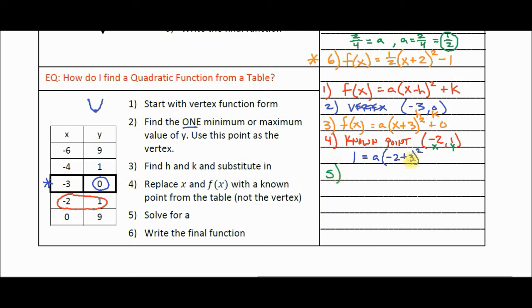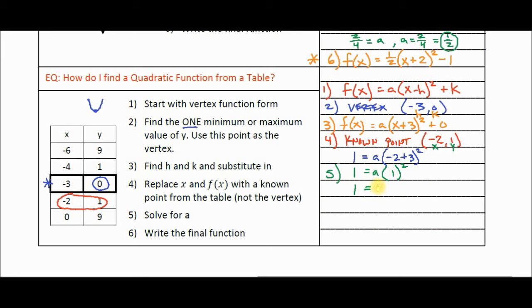Well, here's our equation. Remember, PEMDAS, parentheses first. So 1 equals a times negative 2 plus 3, which is positive 1, squared. E in PEMDAS is do exponents next, so 1 squared is just 1, and 1 times 1 is just 1.